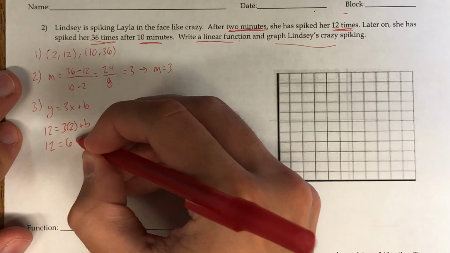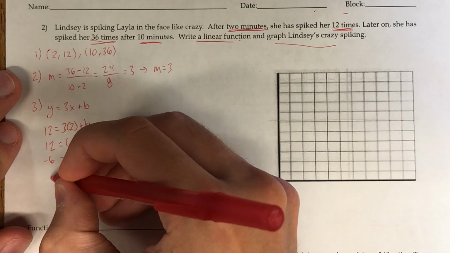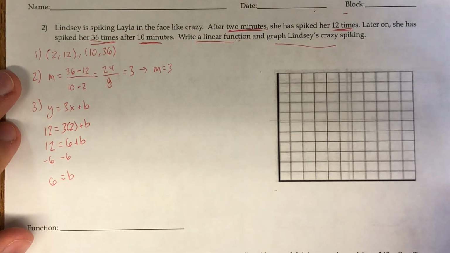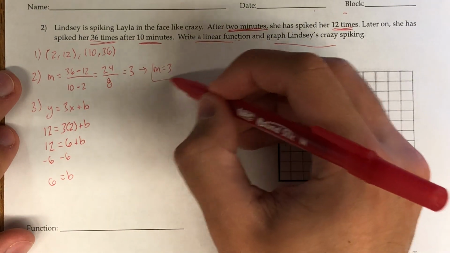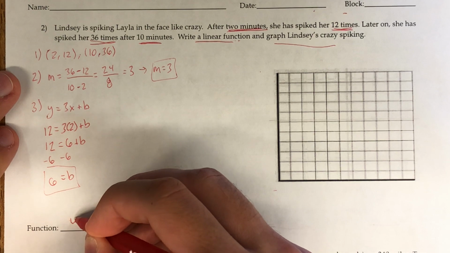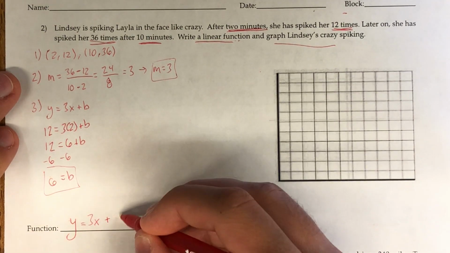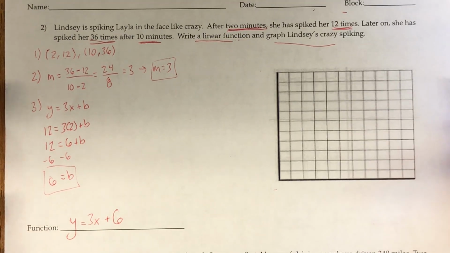So 3 times 2 is 6. Subtract 6 from both sides. 12 minus 6 is also 6. So we get a b value of 6. So we have m is 3, b is 6. So our function in slope-intercept form would be y equals mx plus b, 3x plus 6.